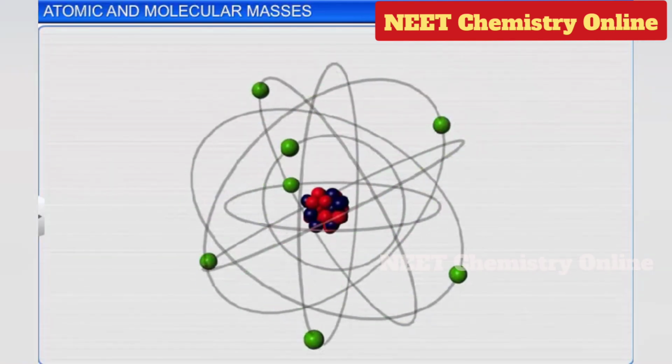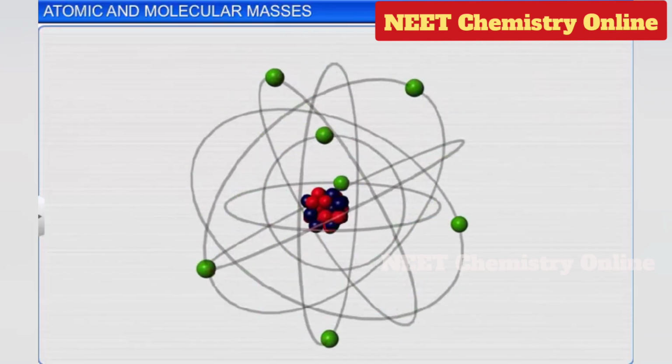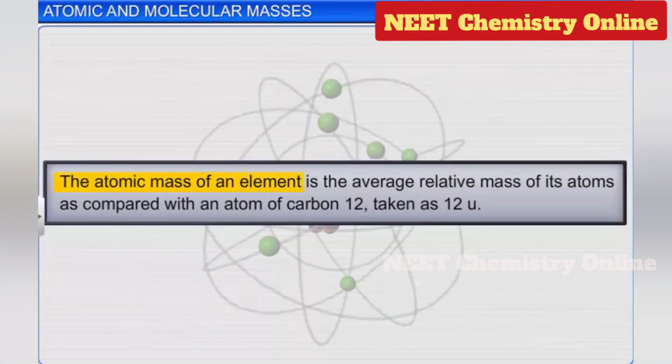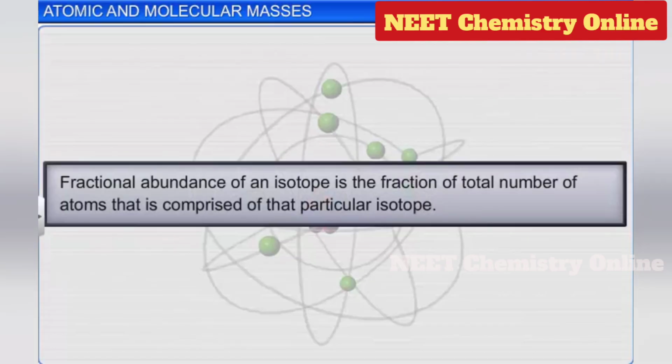Hence, the average atomic mass was redefined as the atomic mass of an element is the average relative mass of its atoms as compared with an atom of carbon-12 taken as 12 U. We can also calculate the average atomic mass using fractional abundances of isotopes of an element. Fractional abundance of an isotope is the fraction of total number of atoms that is comprised of that particular isotope.